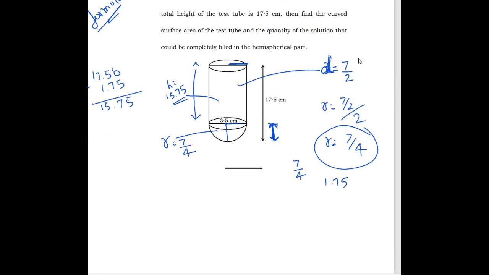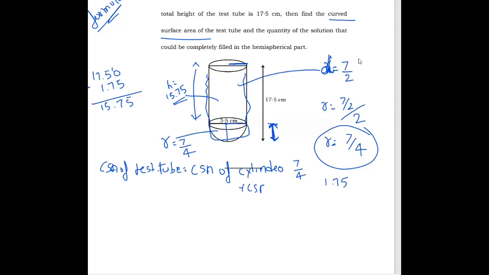They're asking to find the curved surface area of the test tube. That means wherever we have to paint, always remember this whole portion you have to paint. So the formula is CSA of test tube is equal to CSA of cylinder, you have to paint the cylinder outside, plus CSA of hemisphere.